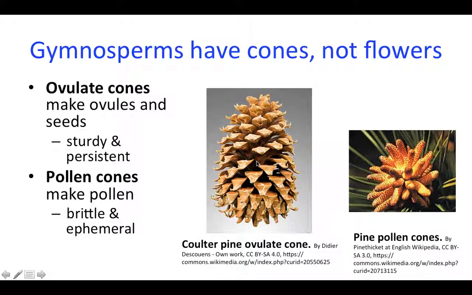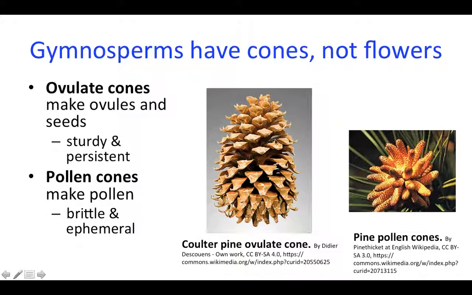The ovulate cones need to last for a while. For pines, it can take a couple of years from when the cone is formed to getting pollinated, to that pollen fertilizing the ovule and allowing that ovule to develop into a seed. So that takes time.